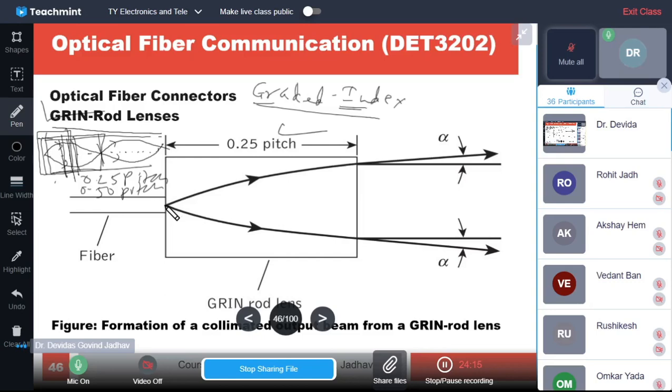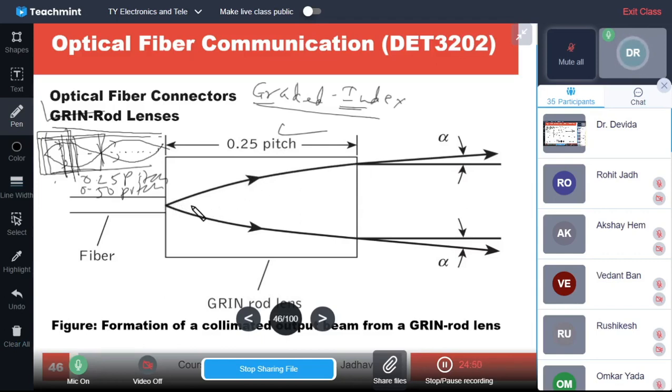In this case, whenever a fiber is radiating, the optical beam has divergence like this, and this diverged beam follows a sinusoidal path in this graded index material. As this is 0.25 pitch, it starts from the source and changes its direction by a 90-degree phase.